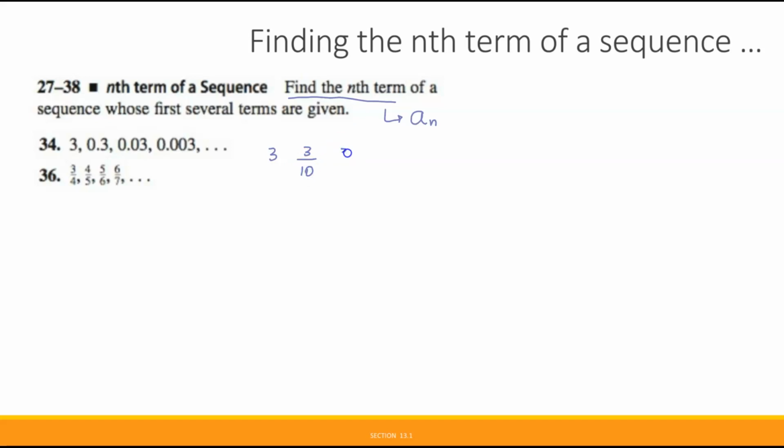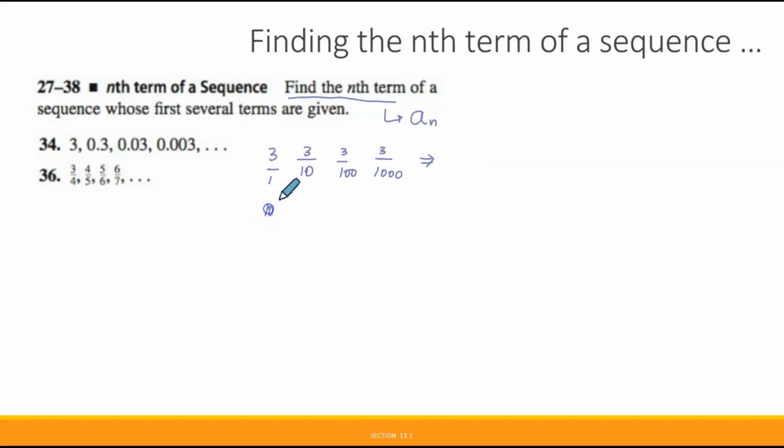Then 0.03 would be tenths, hundredths. Then tenths, hundredths, thousandths. Again, we look for that pattern and treat this as a puzzle. We can see 3 to the first, 3 over 10, 3 over 100, 3 over 1,000. So what's going to generate the set of numbers?